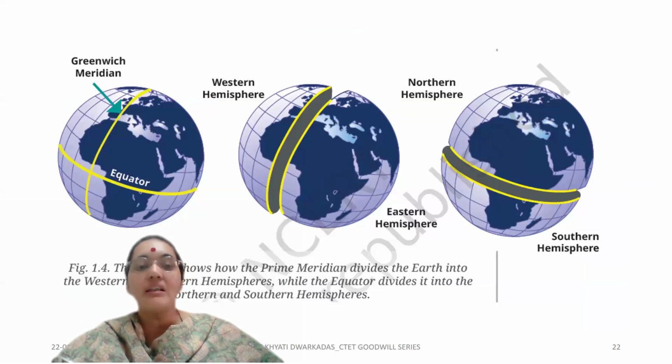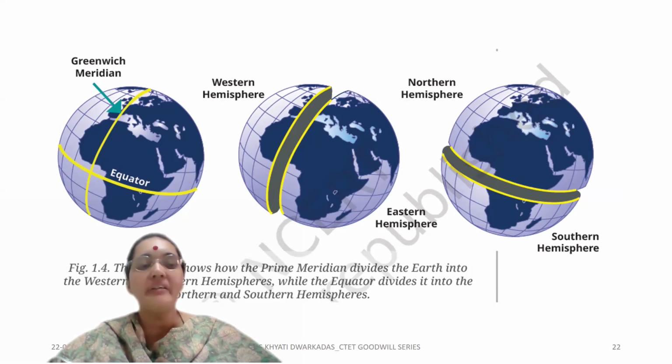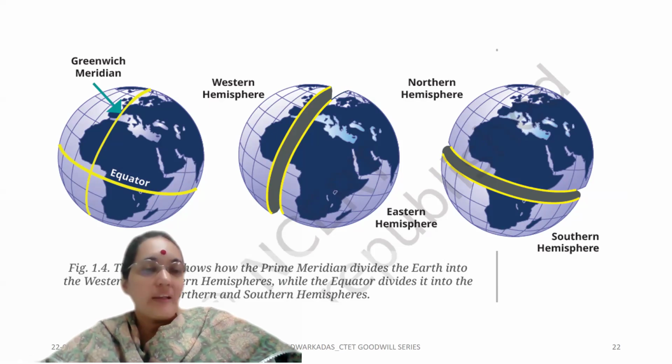Now you can see these spheres. This shows how the prime meridian divides the earth into east and west, while the equator divides the earth into north and south. So the first diagram that you see is of the Greenwich meridian or the 0 degree longitude, which is the prime meridian, and the 0 degree latitude, which is your equator.